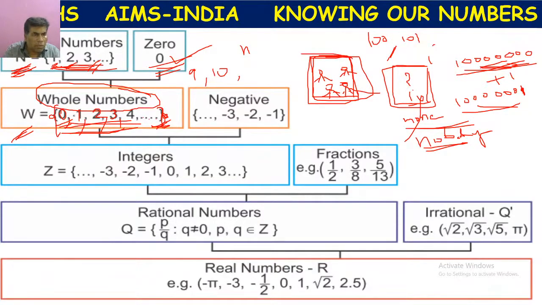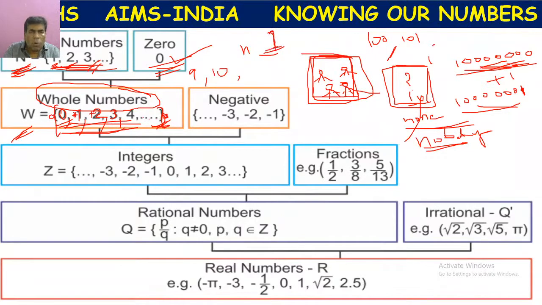But in whole numbers, we have 0 and 1, 2, 3, 4. These 1, 2, 3, 4, if there is no symbol in front of them, we can keep a plus there. They are considered as positive numbers. Suppose I am writing the number 1, is it positive or negative?